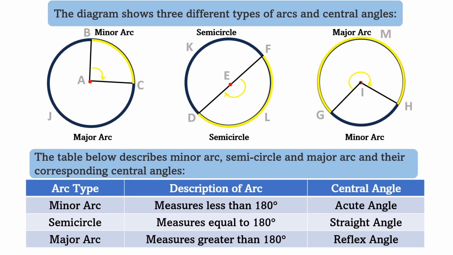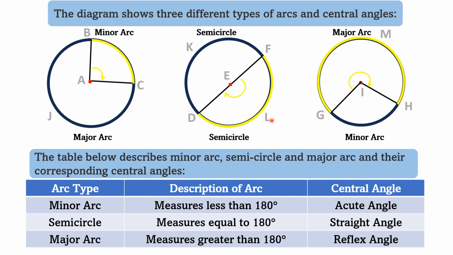Here is a diagram that shows three different types of arcs and central angles. On the left side, the minor arc is arc BC or CB, and the major arc is arc BJC or arc CJB.